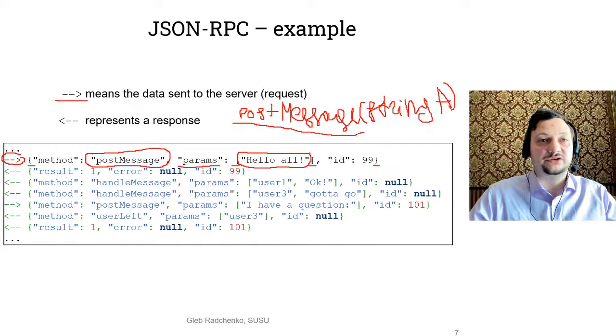We have the name of this method here, and we have the value of this parameter here.